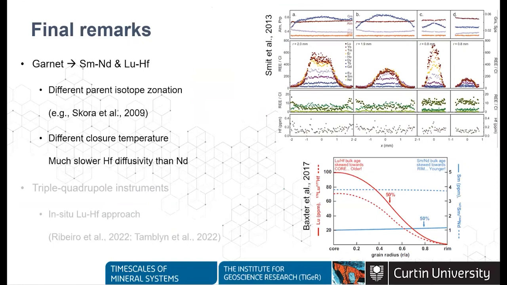So lutetium-hafnium garnet ages are more likely to correspond to the ages of the core instead of the rims. Whereas samarium-neodymium ages are more likely to tell you about the processes that formed the exterior parts of the garnet.